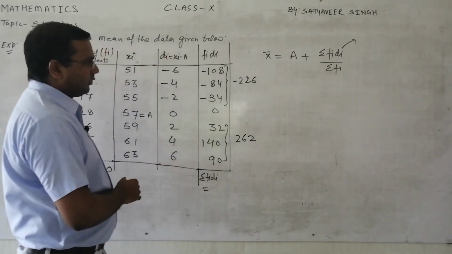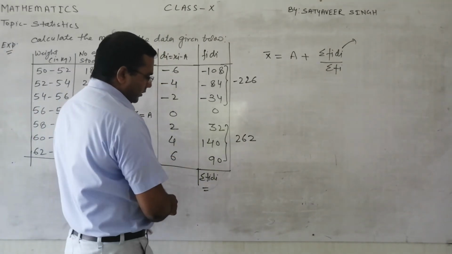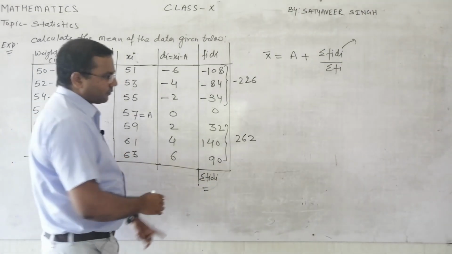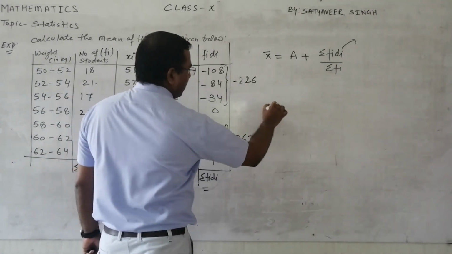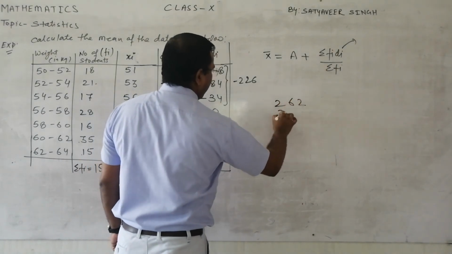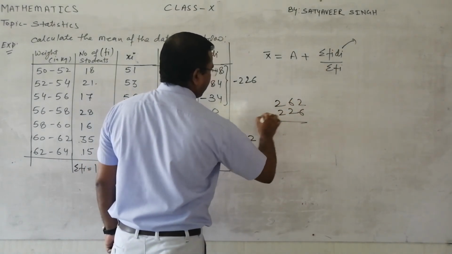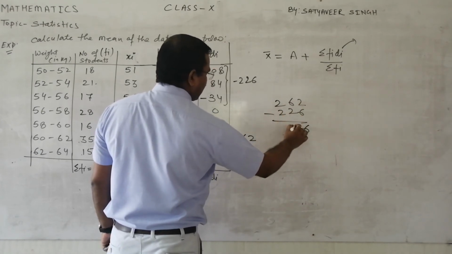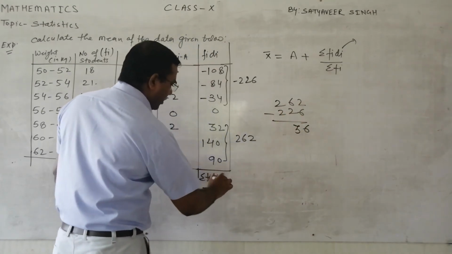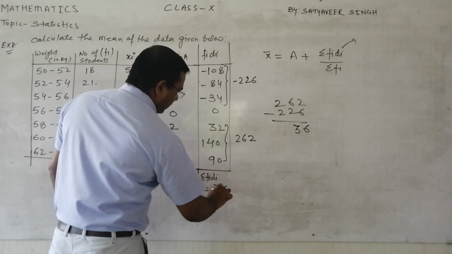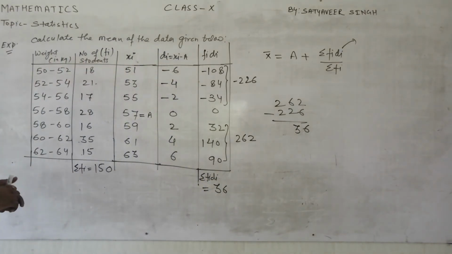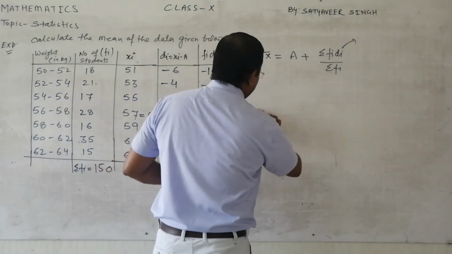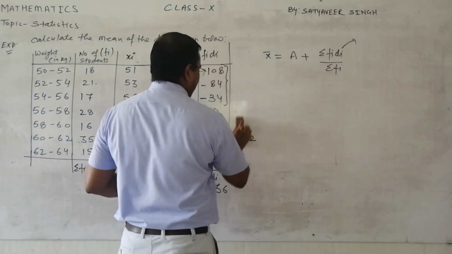If you find the difference between these two, that difference, the sum, will be represented by summation fidi. So you can quickly find 262 and 226. You can solve this: 12 minus 6 is 6, here it is 5 minus 2, it is 3. So we got 36.